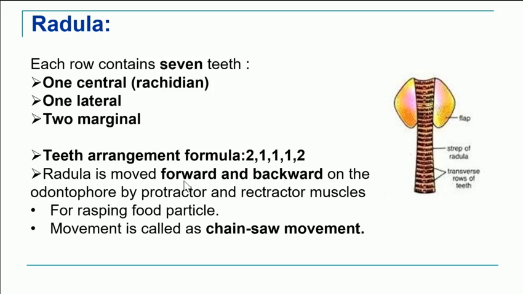By the protractor muscle it moves forward, and by the retractor muscle it moves backward. This continuous forward backward movement is also referred to as a chainsaw movement. You must have seen a chainsaw which is used to cut trees. It has a similar kind of movement.